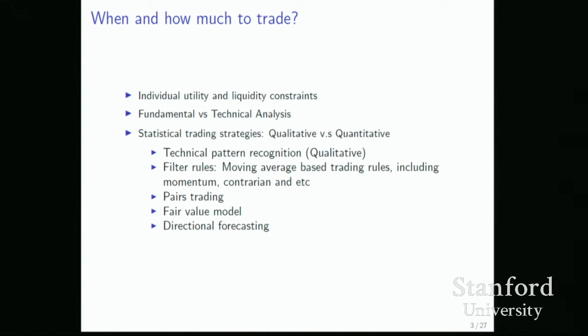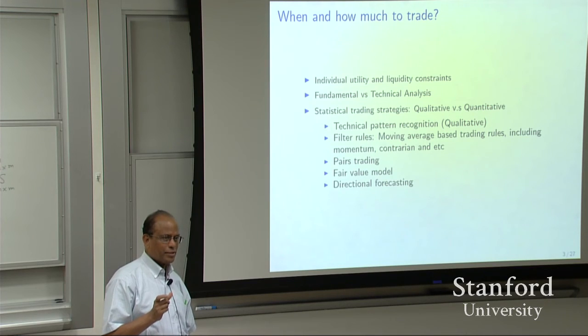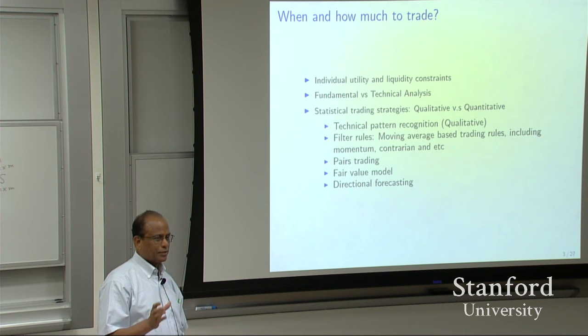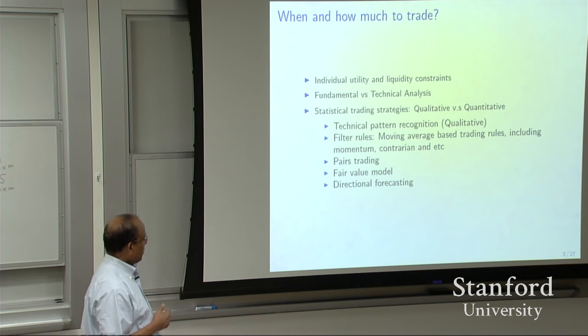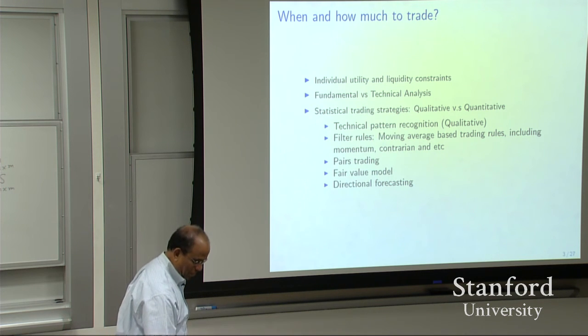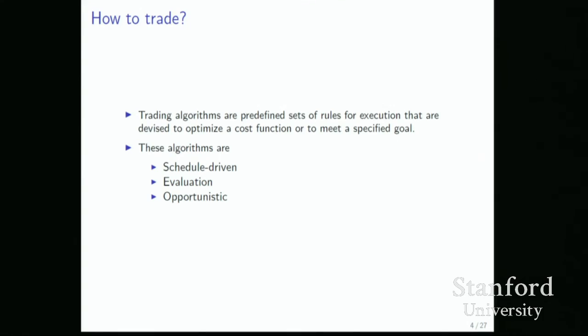Then there is some work on directional forecasting. Here you not only forecast the change in price or change in return, but you forecast whether the price is going to increase or decrease, and then you forecast the size of the increase. You just do it in multiple steps. What it does is that it leads to nonlinear models, which are supposed to behave better than linear models.